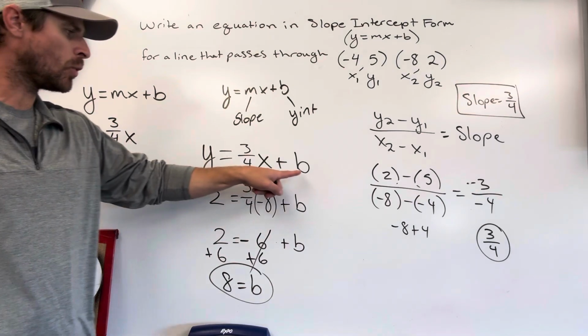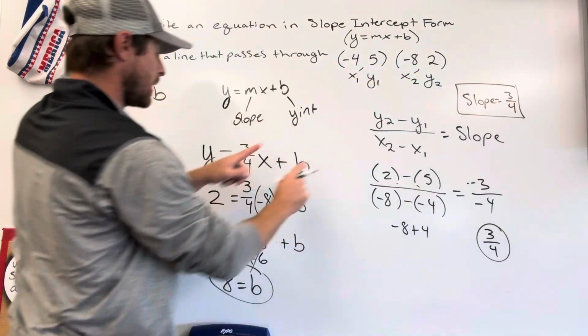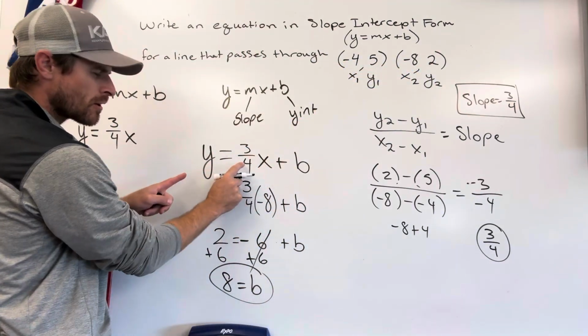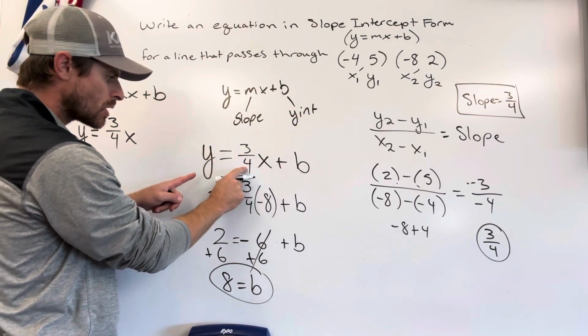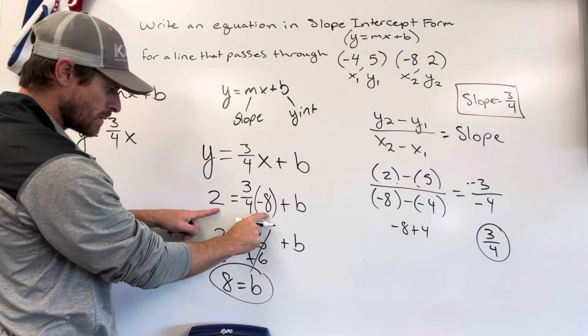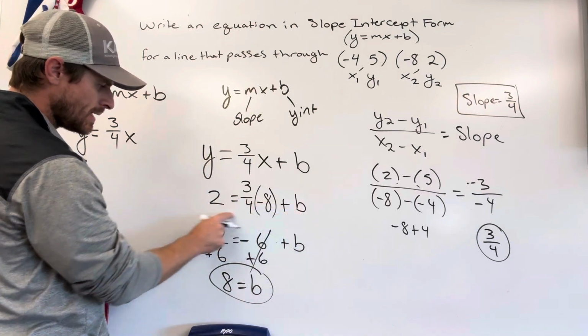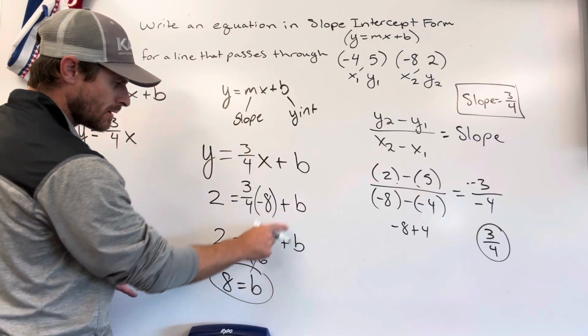We didn't know what our b was, so then we plugged 2 pieces of information in for x and y with our slope already written down because we had found that first. So we knew our slope, we knew an x value, we knew a y value, we plugged them in. Now we had an equation with only one variable, b. B was the only thing left to find.